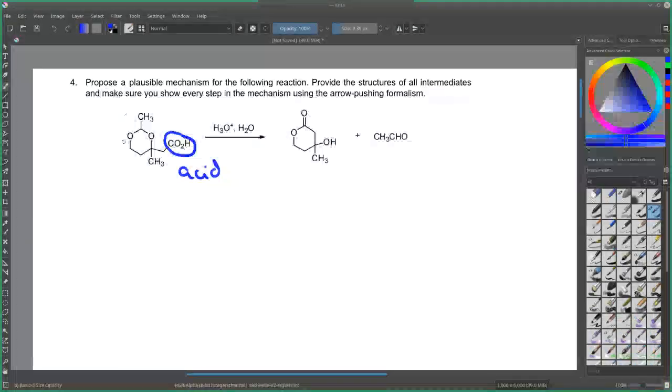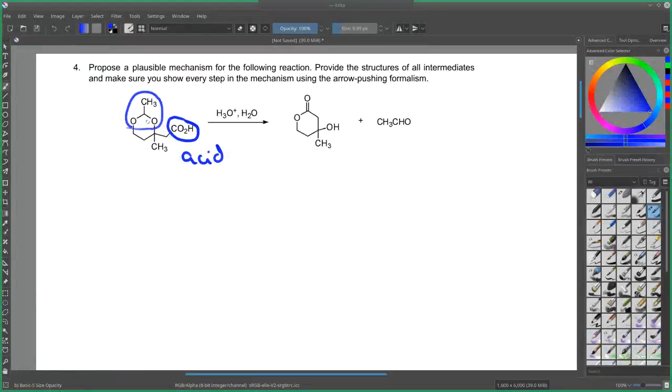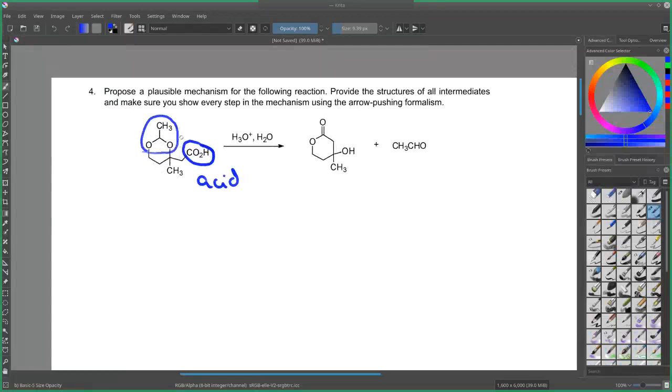And then over here, we also have this functional group. Does anybody remember what this functional group is called? Anyone? It's got two oxygens sticking onto the same carbon.